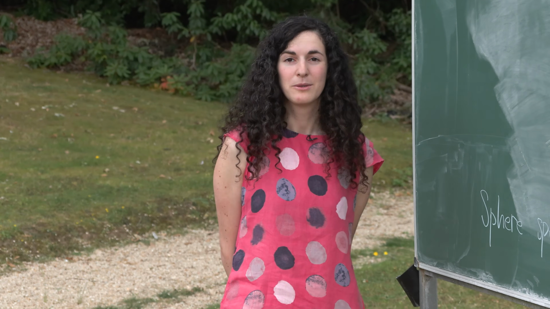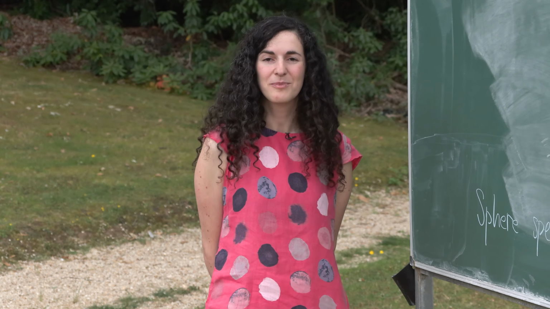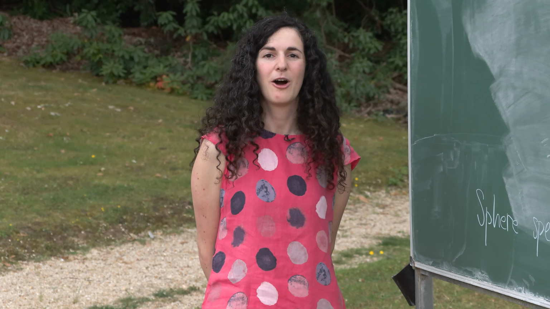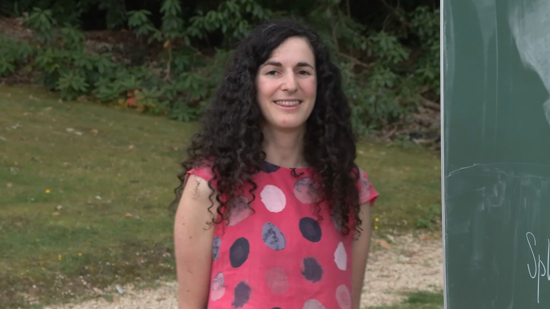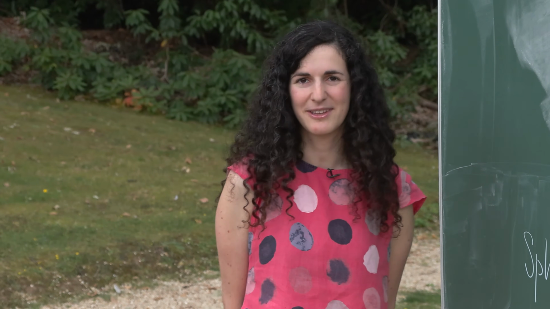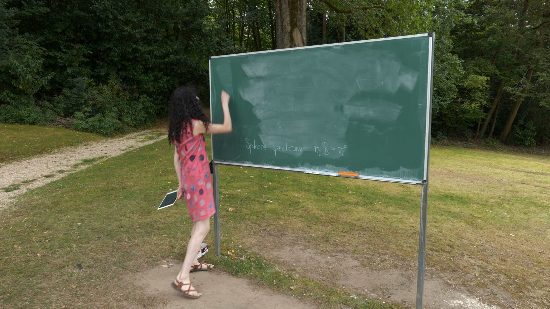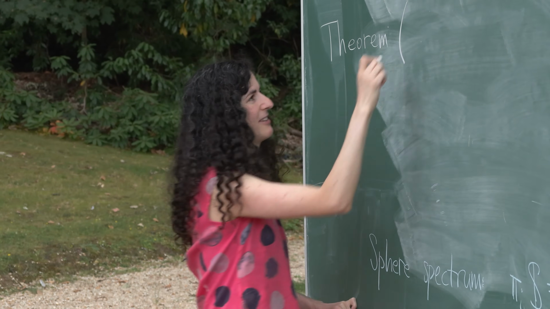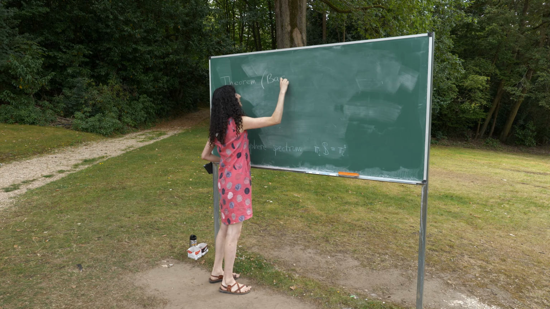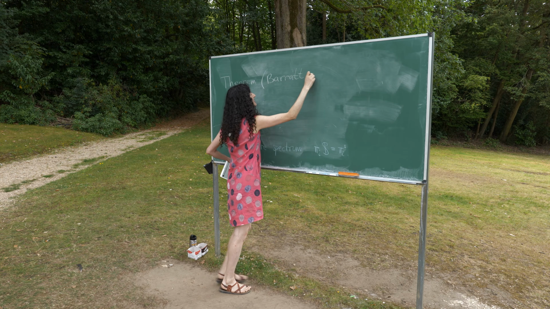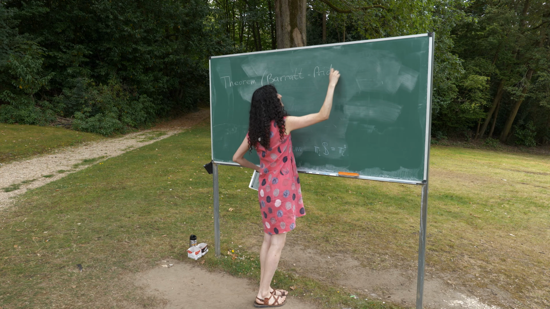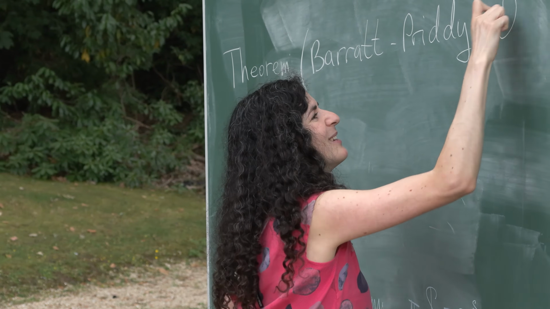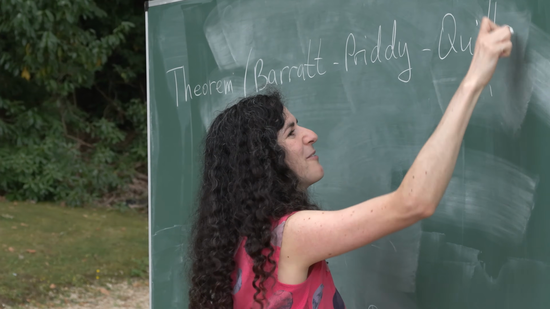As you remember, we were wondering in the beginning of the video, what is the group completion of the space of finite sets? And the answer is given by the Barratt-Priddy-Quillen theorem. I really like the name because of the spelling. Look, there is double A, double T, double D, and double L. Everything is double.